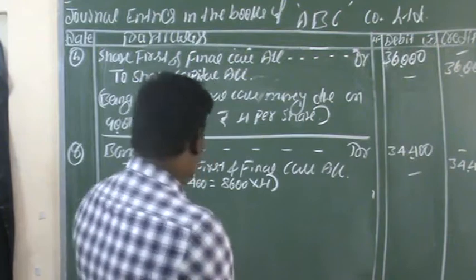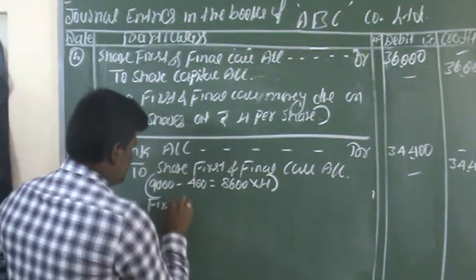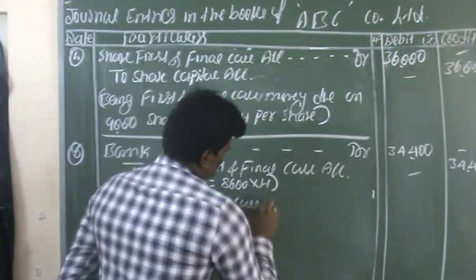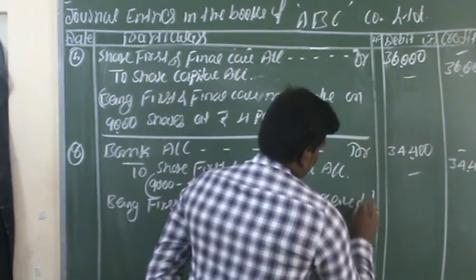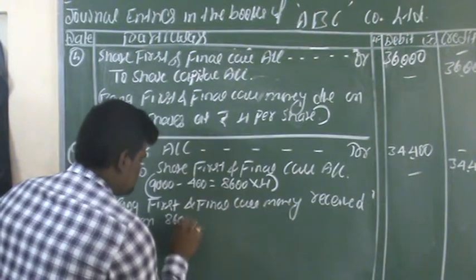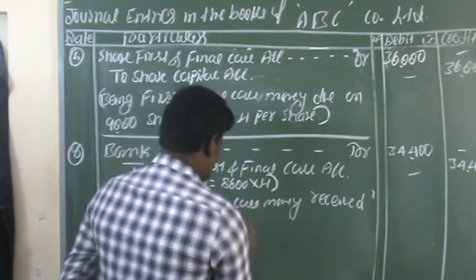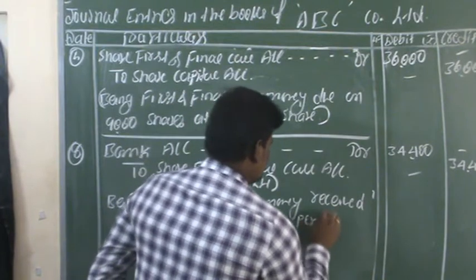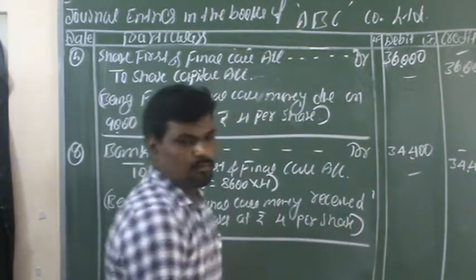Now we can give the narration: being first and final call money received on 8,600 shares at rupees 4 per share.